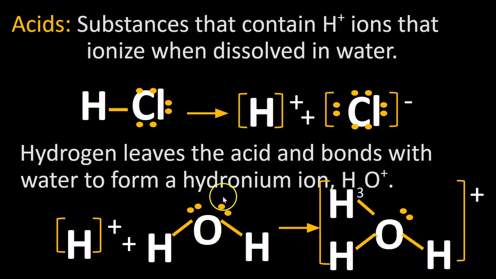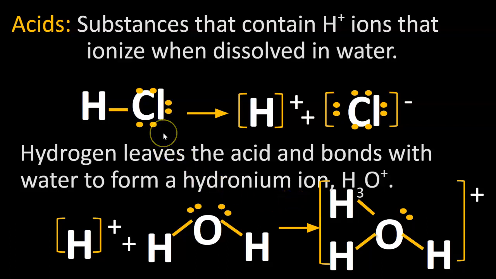So what's happening here is that as this acid is added to water, right, it associates with the water. It is ionizing. It's breaking down into the hydrogen cations, the chlorine anions, and this hydrogen here is going to bond with the water molecule to form the hydronium ion, okay?